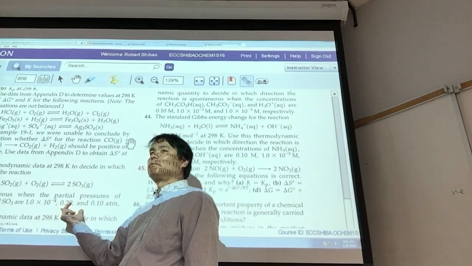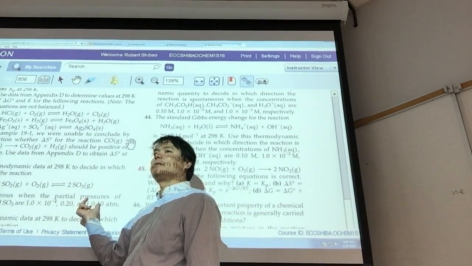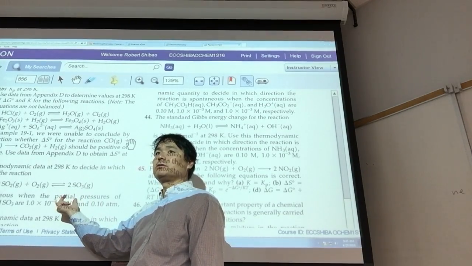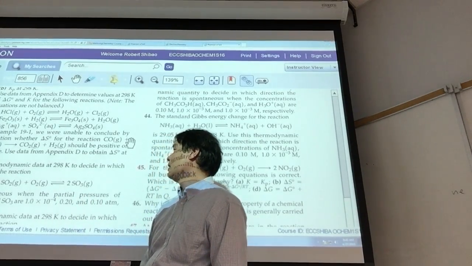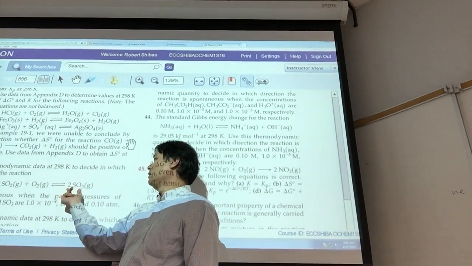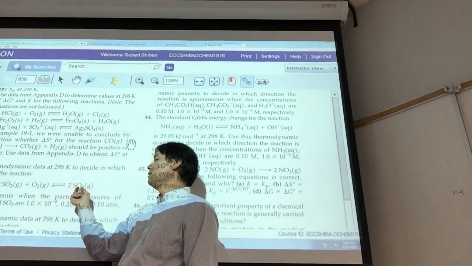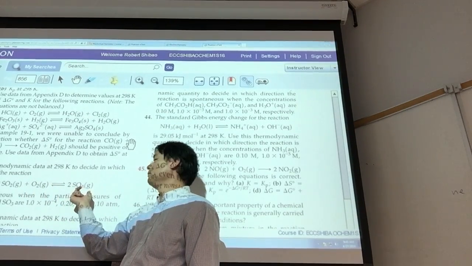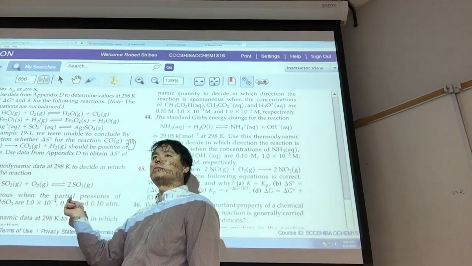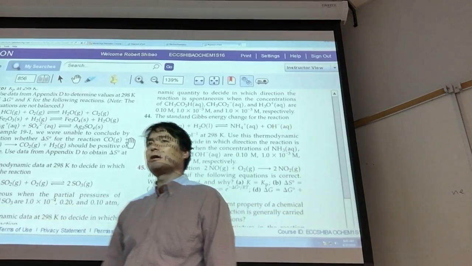When it states at equilibrium, that's when we look for K. If these were given at equilibrium, this would be K. We can find out by using delta G equals delta G naught plus RT ln Q. We can calculate the equilibrium constant from thermodynamic data, that is delta G. Once we know what the K value is, we can compare that to these. Are these at equilibrium or not? Just do a Q versus K check.